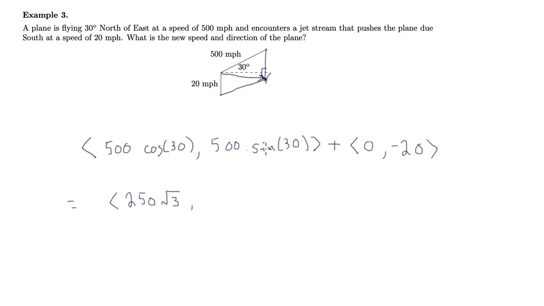So I just use my values for cosine 30 and sine 30. And this is going to be 250 minus 20, so 230. So there's my resulting vector.